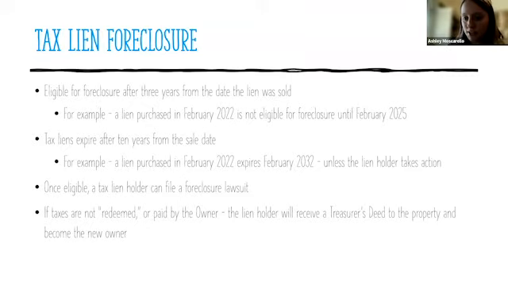If taxes aren't paid, do you need to bid on the same property for 3 straight years to get the deed? No, the way that they get the deed is by filing a foreclosure lawsuit, a tax lien foreclosure lawsuit. The entity that holds the lien sues the owner of the property. So they would name the association in this context, and anyone else that has an interest in the property.